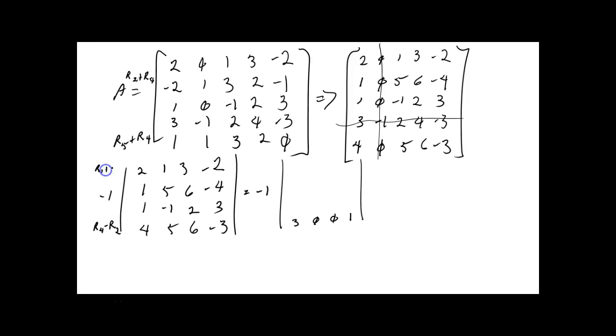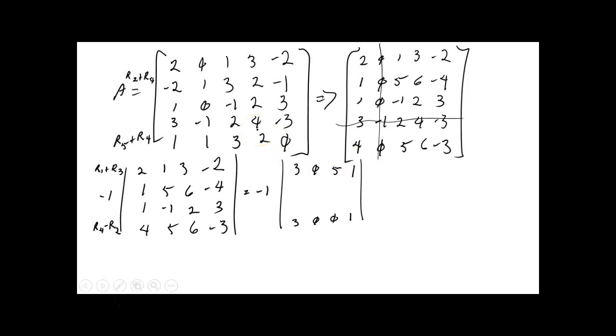Row 1 plus row 3. So what does that become? 3, 0, 5, and 1. Okay.